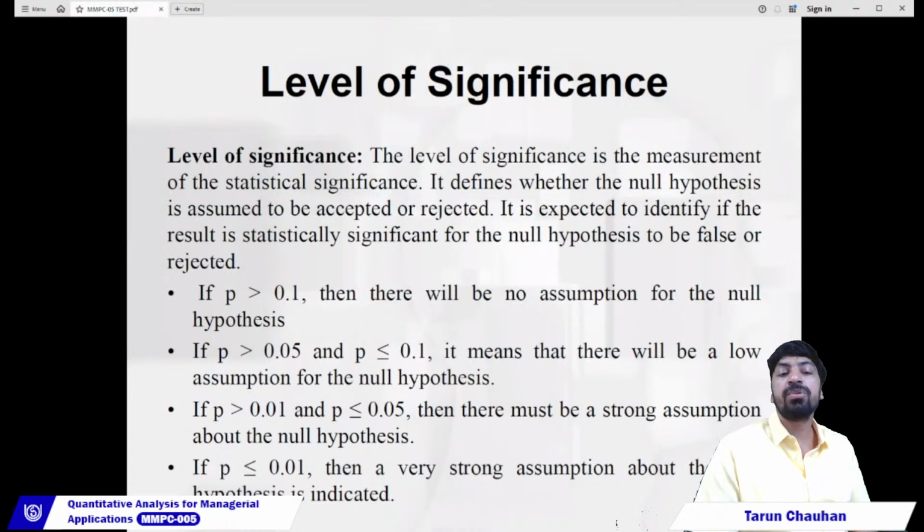When we go to the third rule, if P is greater than 0.01 and less than 0.05, what are 0.01 and 0.05? These are called the levels of significance where a particular null hypothesis or alternate hypothesis will be measured. So if P is greater than 0.01 and less than 0.05, then there must be a strong assumption about the null hypothesis.